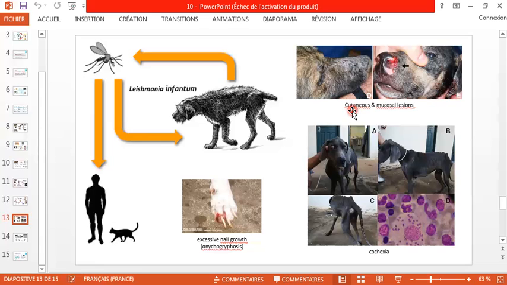You may have either the cutaneous form or the visceral form. In dogs, you have in general, sorry, both cutaneous and visceral forms. Okay, so we notice in general cutaneous and mucosal lesions in dogs, and you have cachexia. Cachexia, by the way, to define the word, is an excessive weight loss.